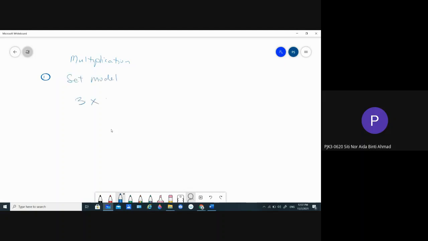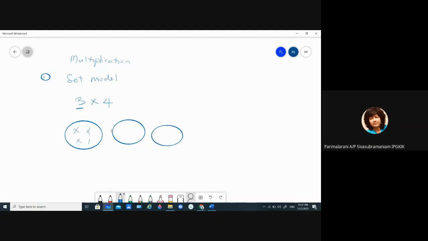Set model: when you say 3 times 4, what you mean is 3 sets or 3 groups. So you have 3 groups, 1, 2, 3. Each group has 4 objects in it. So 3 times 4 equals 12.